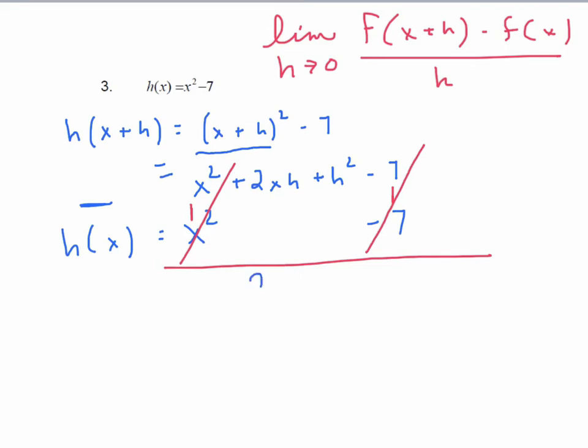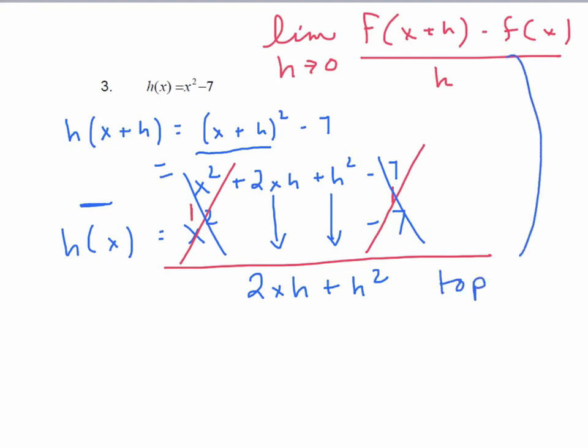I'm left with 2xh plus h squared. These pieces don't have anything underneath of them to subtract. This piece fell out, this piece fell out. That's the top of our difference quotient.